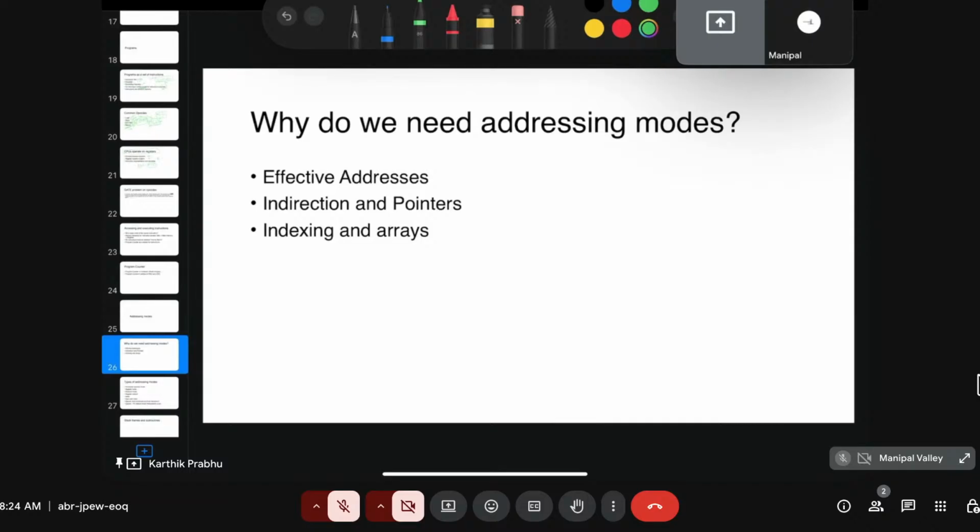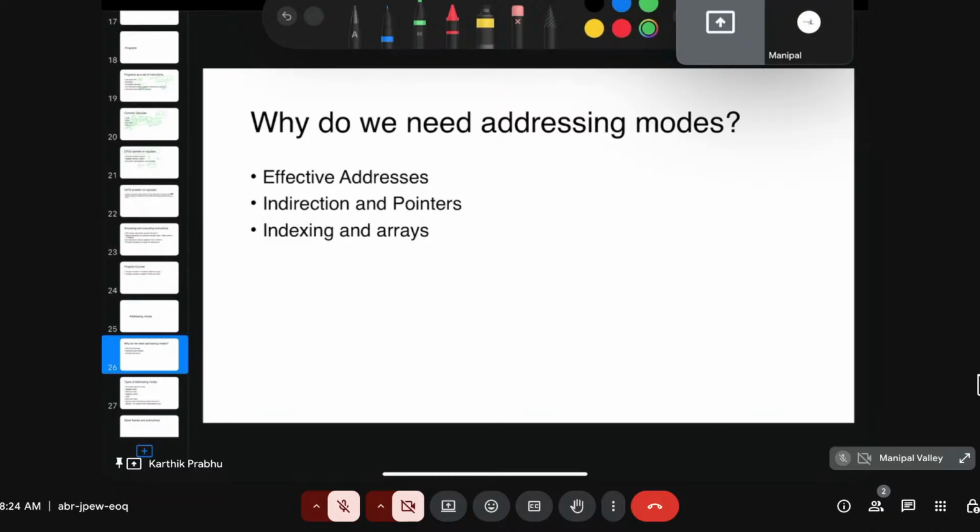You want to be able to use indexing nicely in an array and access the third element directly. Or if it is not an array, if it is a string or a structure, then you want to be able to use pointers to jump 4 bytes or 5 bytes or any number of bytes, right? You want a kind of indirection.